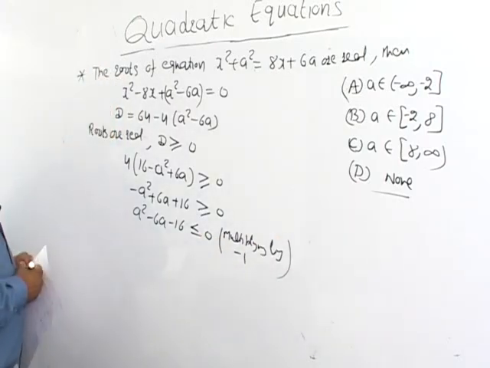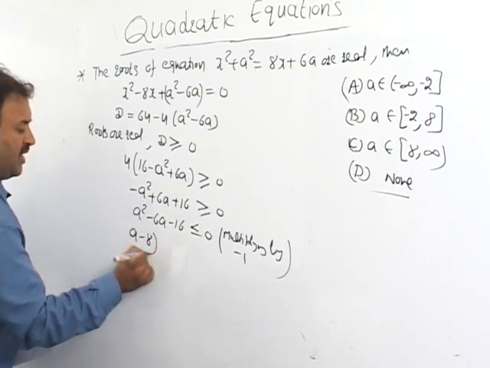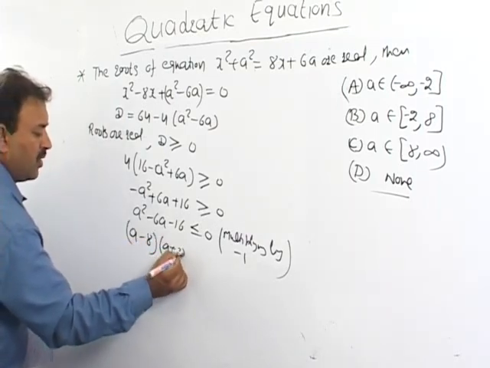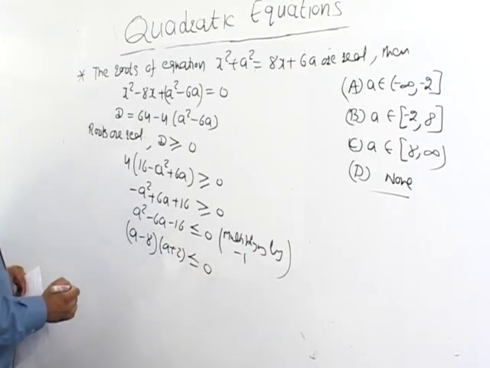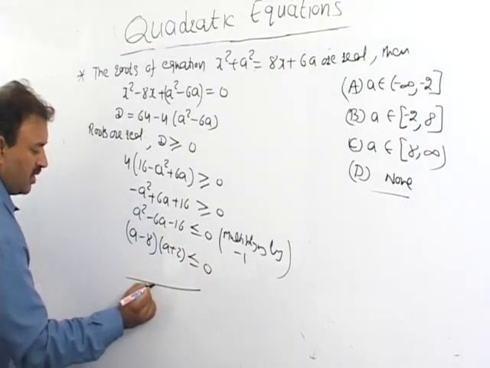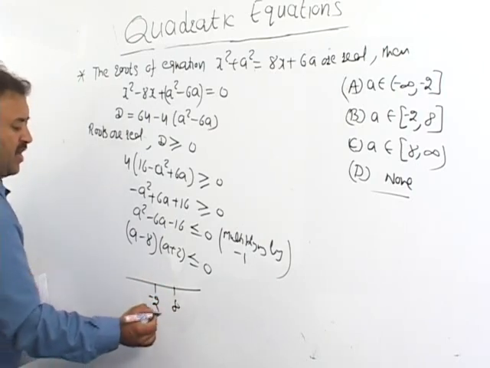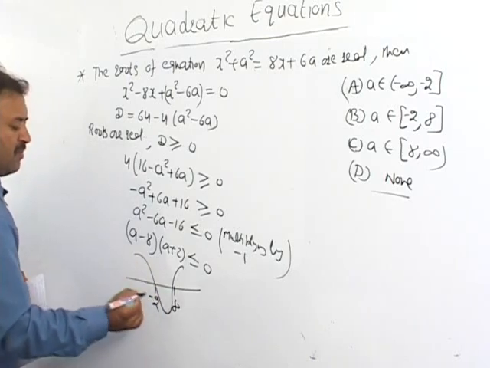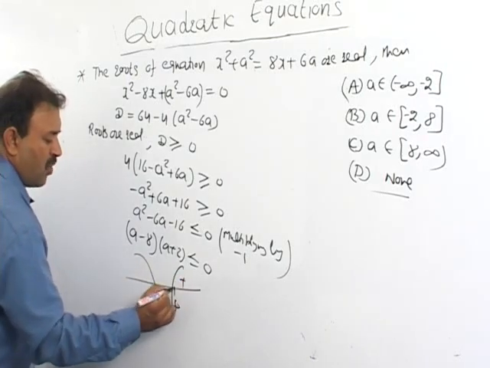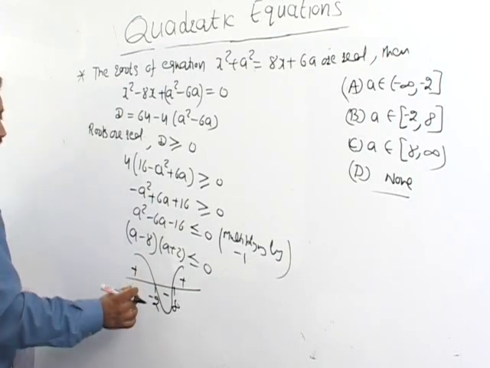Now we have to make the factors. Factors will be (a minus 8)(a plus 2) less than 0. From here we can conclude that the points on a number line will be minus 2 comma 8, and with the wavy curve method it will be like this: positive, negative, positive. Here a will be what?